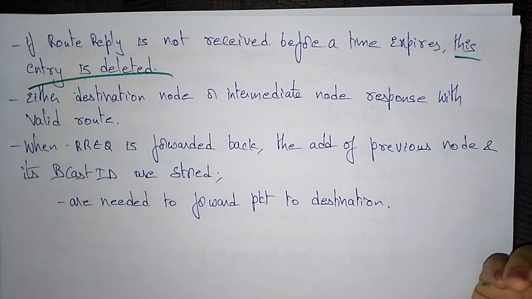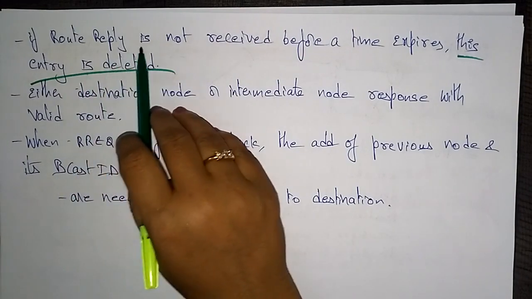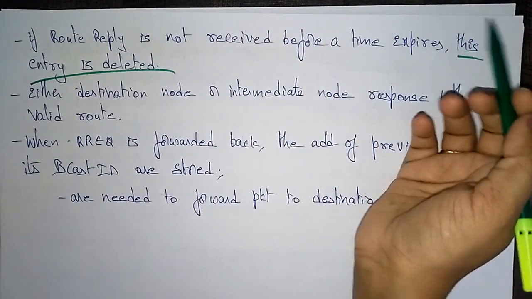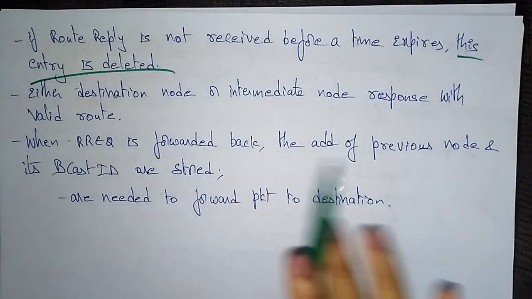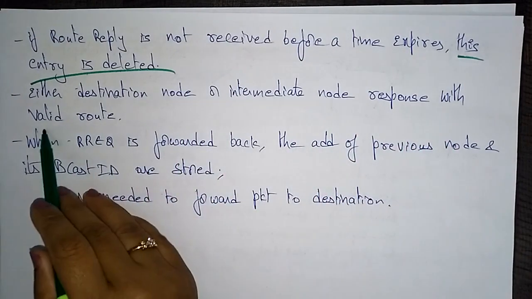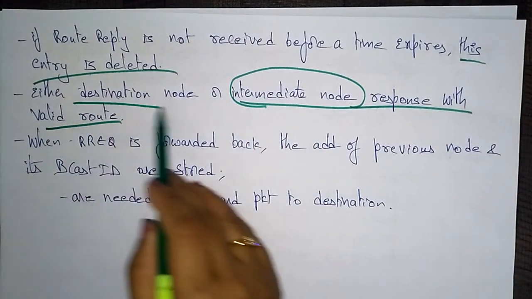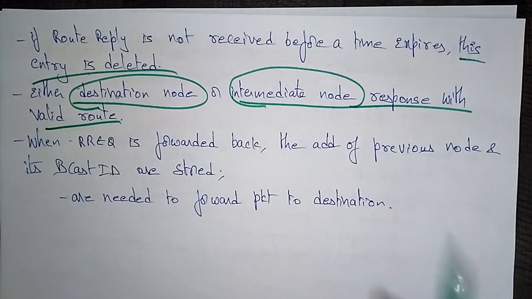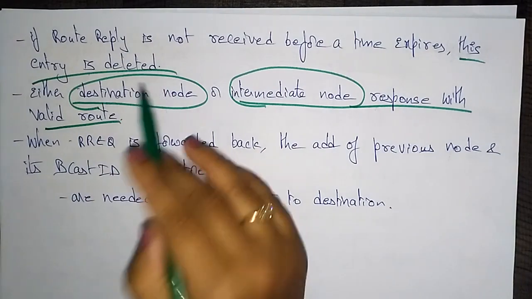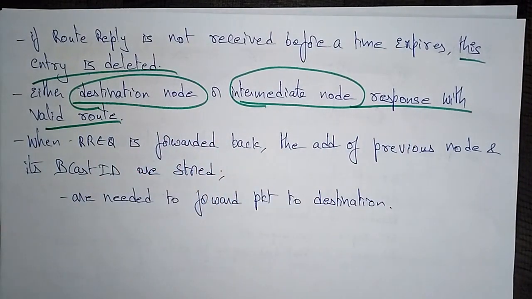So when the route reply is sent, whenever there is a valid route, the intermediate node gives the route reply message. Suppose the route reply is not received before the time expires, then that entry will be deleted. Either the destination node or an intermediate node responds with a valid route. So whether you are at an intermediate node position or at the destination position, that node has to give a response of a valid route to the source.